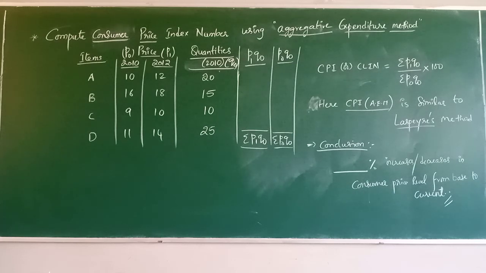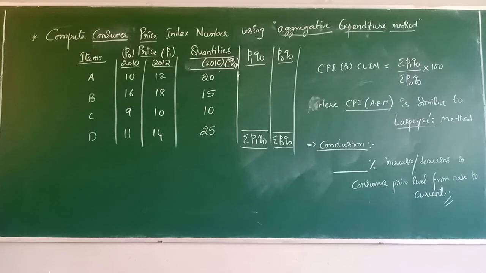Fine. So here also in the table the columns carry 2 marks, the formula 1 mark, and the complete substitution and calculation with conclusion 2 marks. So totally it's a 5 mark question. Remember, this consumer price index is frequently asked.